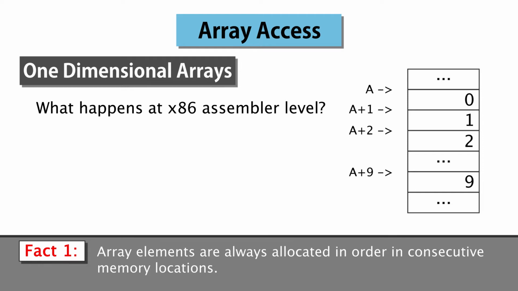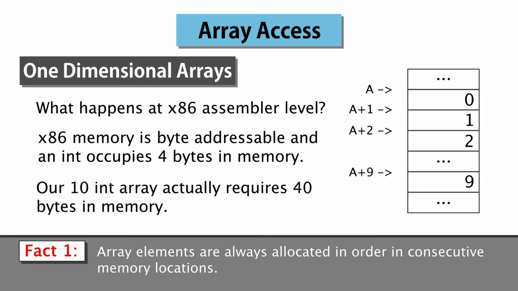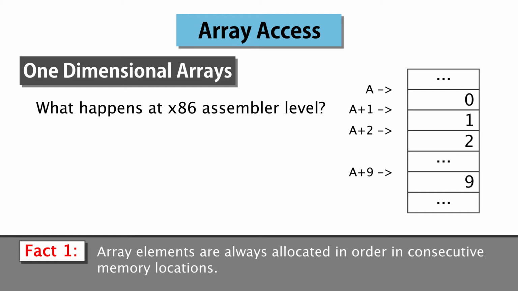First, recall that the x86 memory is byte addressable, and an int occupies 4 bytes. Therefore, our 10 int array actually requires 40 bytes in memory. From fact 1, we know that they'll be allocated consecutively. To make our picture appropriate to the machine level view, we replace our C pointers with x86 memory addresses.